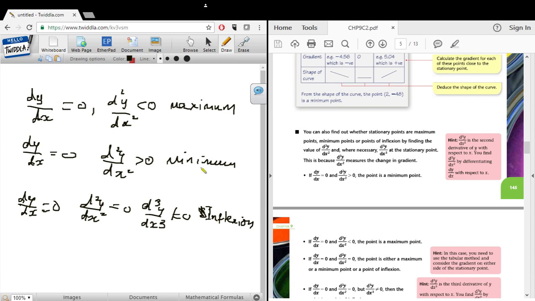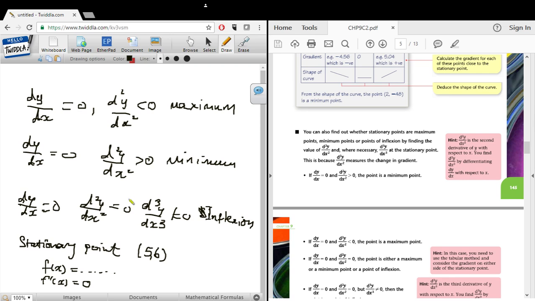What this means is simply that when you take your values of x and y at that stationary point, say for example this made-up coordinate (5, 6), and there is some f(x), whatever that is, when we differentiate f(x) we have f'(x) equals 0.